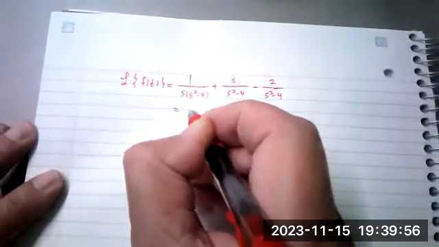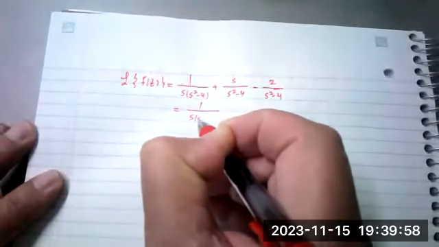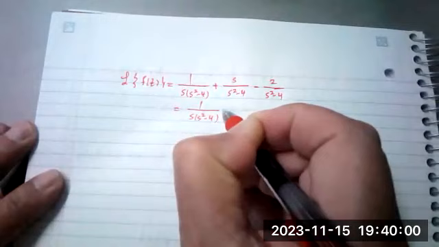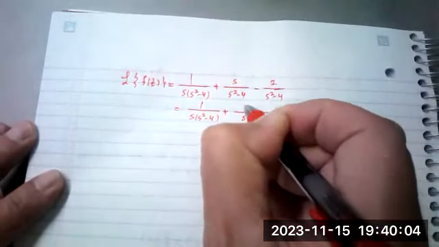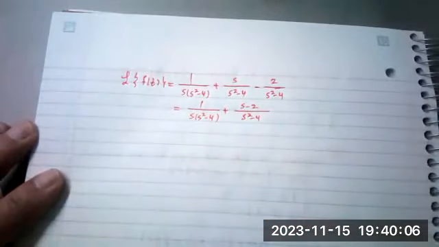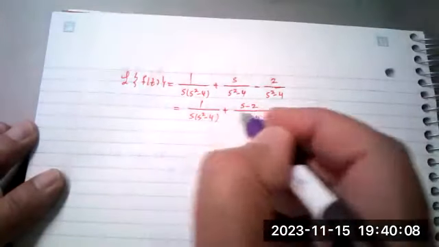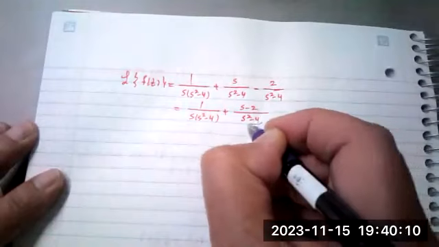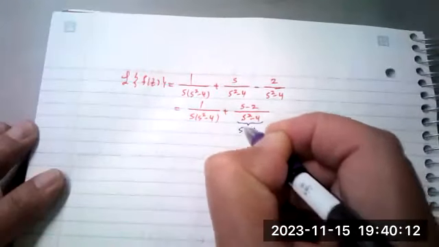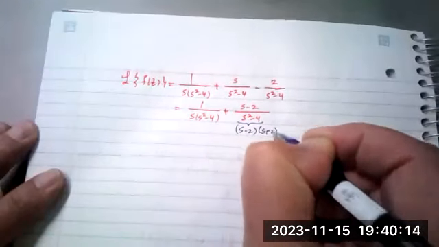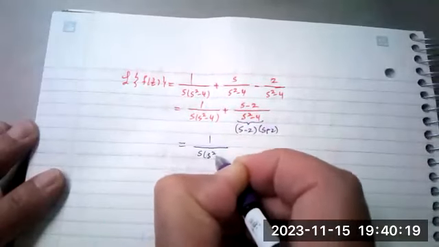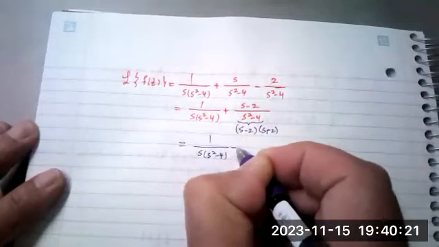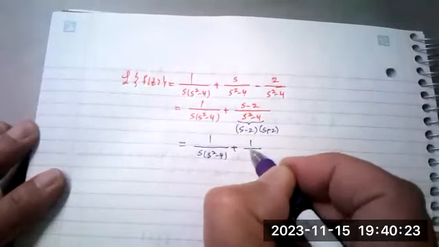So it's equal to 1 over s times s squared minus 4, plus the s squared minus 4, where the top gives you s minus 2. So you factor the denominator, s minus 2 times s plus 2. So we get 1 over s times s squared minus 4, and plus 1 over s plus 2.